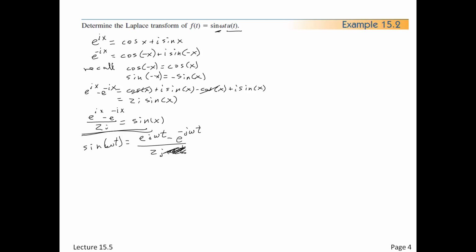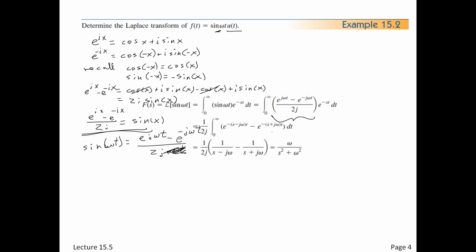Once you've got this substitution in hand, making the Laplace, here's that piece that needed to happen. After that, it's just factoring out the 1 over 2j and then doing the integrations, right? Where you just put together each of these omega t terms with this, right?